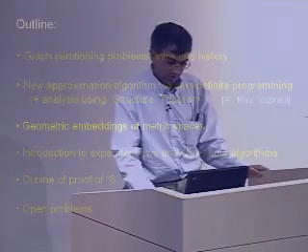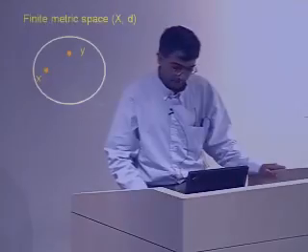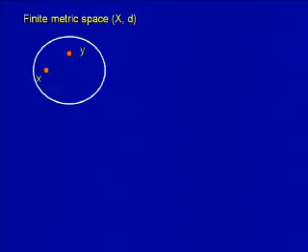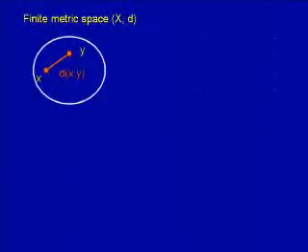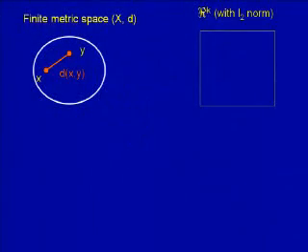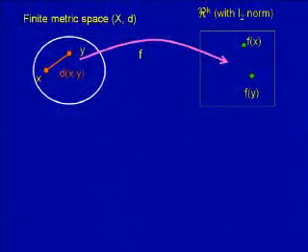And now I want to talk about geometric embeddings of metric spaces. Let me start by defining what a geometric embedding is. Suppose you have a finite metric space, where you have a distance function d, which assigns a distance between each pair of nodes, and it satisfies the triangle inequality. A geometric embedding is just a mapping that maps each node to a point in a geometric space.